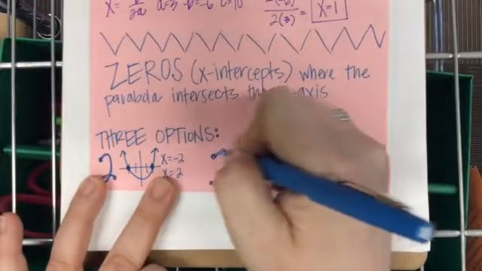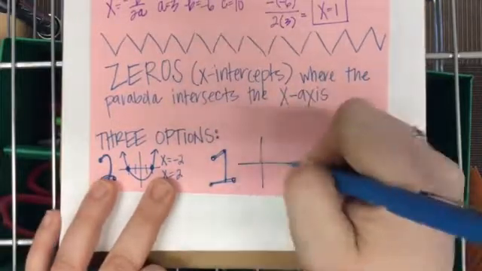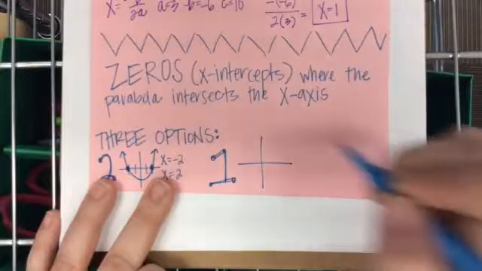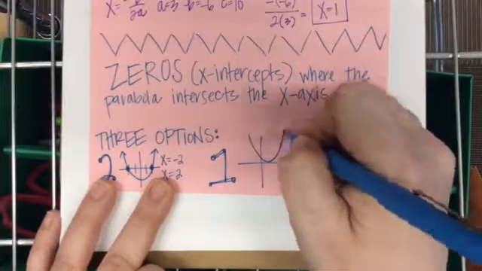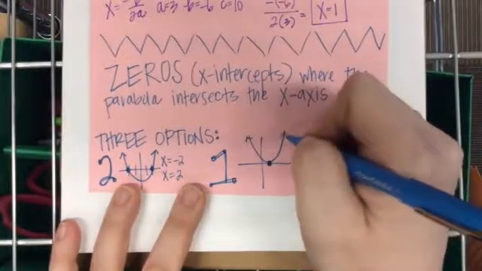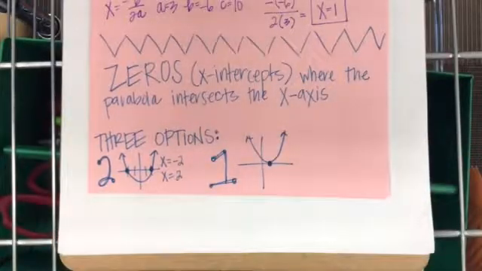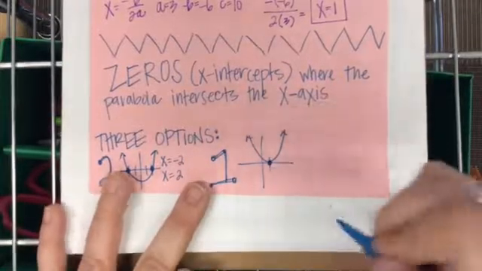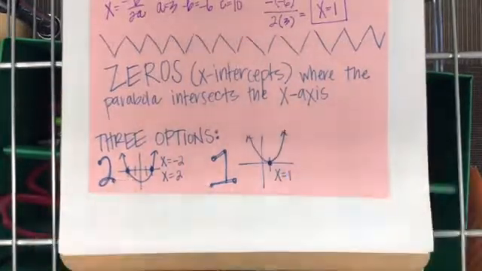A parabola can have 1 zero. This parabola intersects at 1 spot. This one is x equals 1.